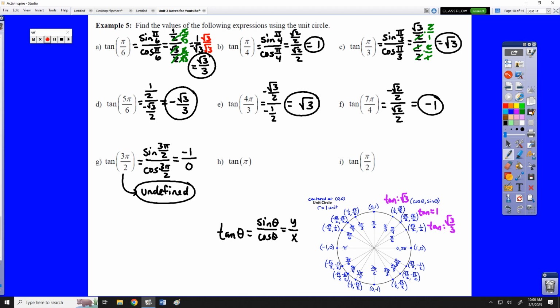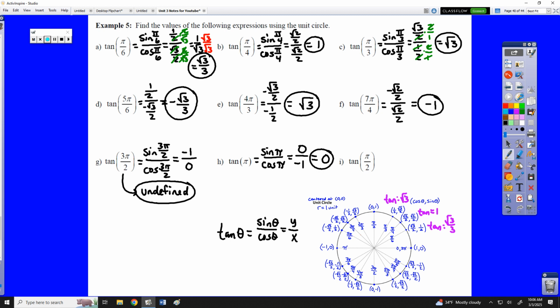You are not allowed to divide by 0, so the tangent of 3 pi over 2 is an undefined value. For pi, the sine of pi divided by the cosine of pi would be, again, the points from our negative x-axis. We have that point negative 1, 0 that is on the unit circle. So our sine is 0 and our cosine is negative 1. Well, 0 divided by anything is 0. So the tangent of pi is equal to 0.